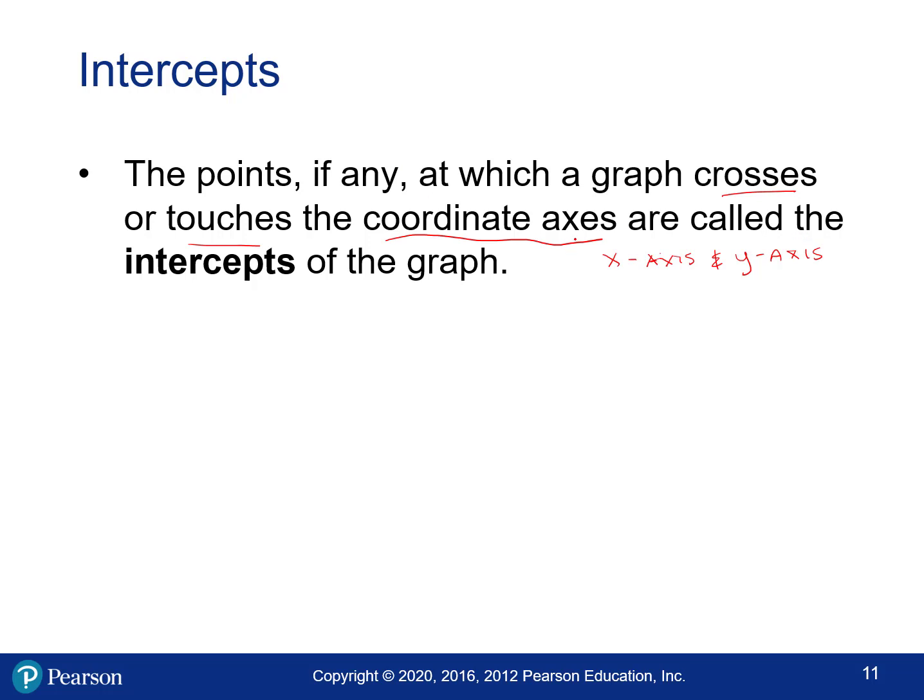If you didn't know that term, it just means your x-axis and y-axis. Where you touch or cross these axes, we call those points intercepts. Like when you intercept something, you meet it somewhere in the process. So in this case, we're meeting the point on the axis.